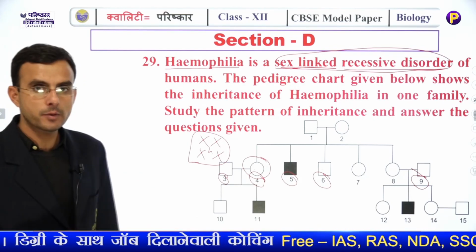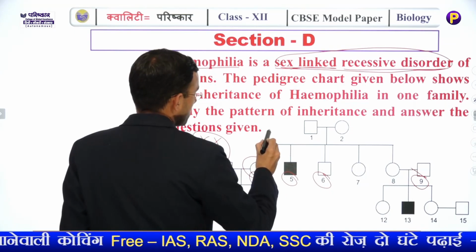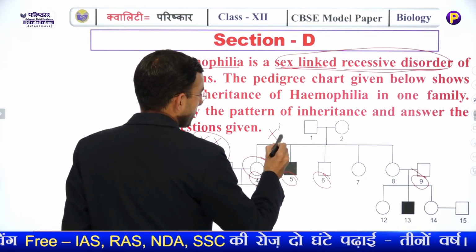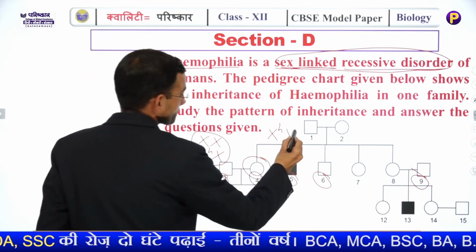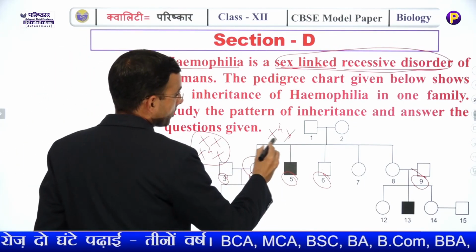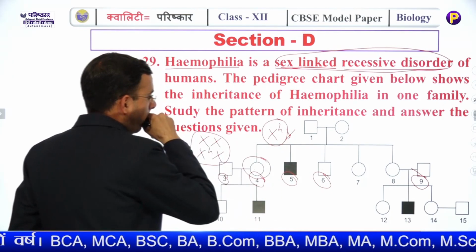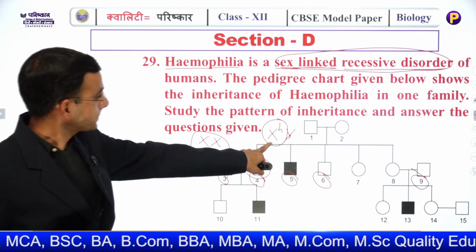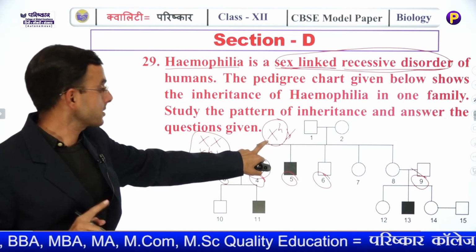Now what is the fifth one? The fifth one is male, and if it is male and expressing hemophilia, then the male has the combination of X and Y, so it has only one X chromosome.